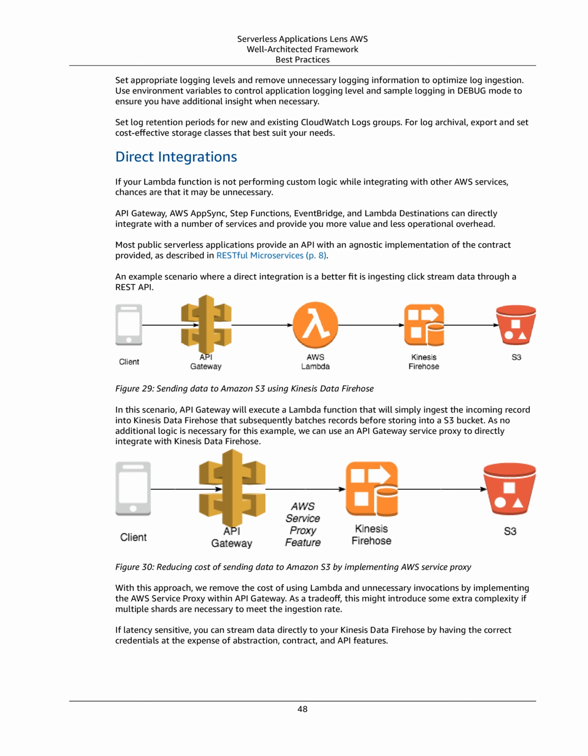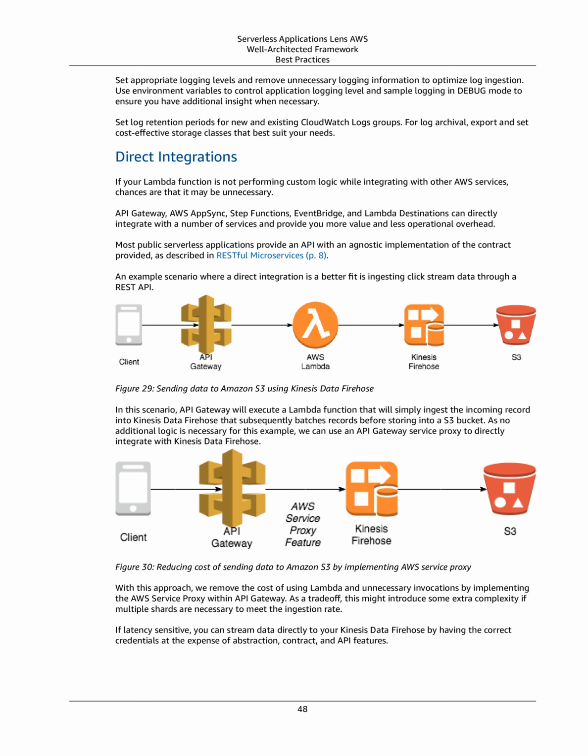Set appropriate logging levels and remove unnecessary logging information to optimize log ingestion. Use environment variables to control application logging level and sample logging in debug mode to ensure you have additional insight when necessary. Set log retention periods for new and existing CloudWatch logs groups. For log archival, export and set cost-effective storage classes that best suit your needs.